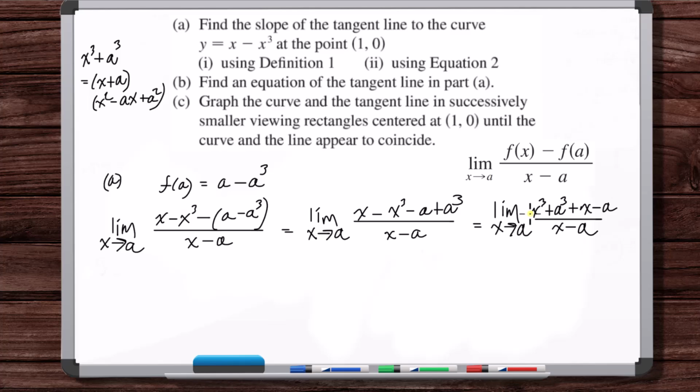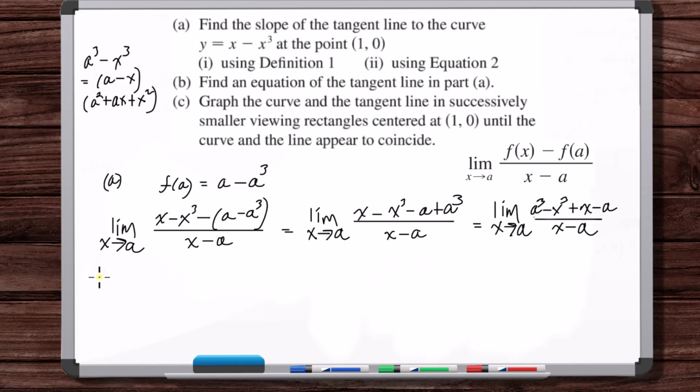This should be a cubed minus x cubed here. So a cubed minus x cubed, right? Minus x cubed and then plus a cubed. So a cubed minus x cubed is a difference of two cubes. You've got a minus x and then a squared plus ax plus x squared.